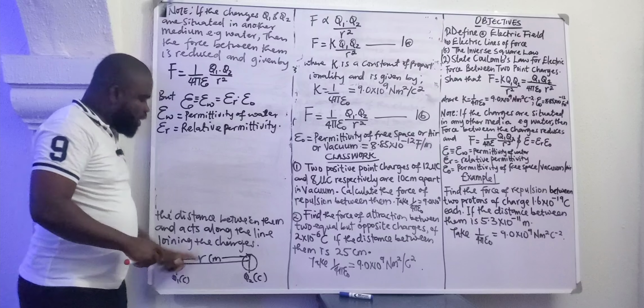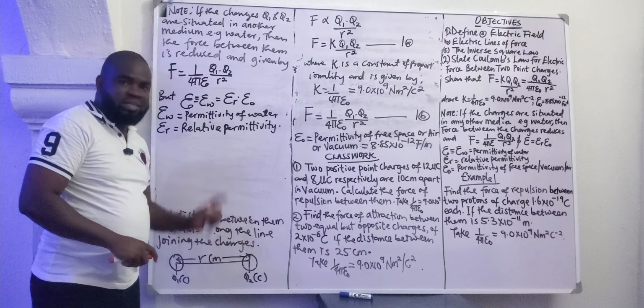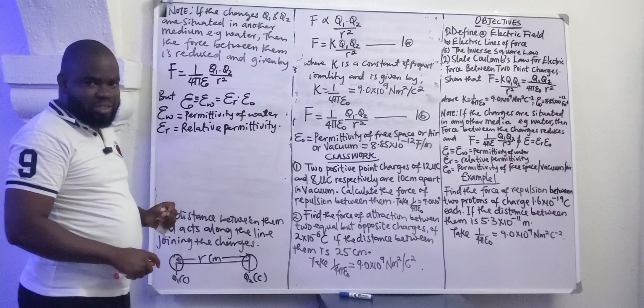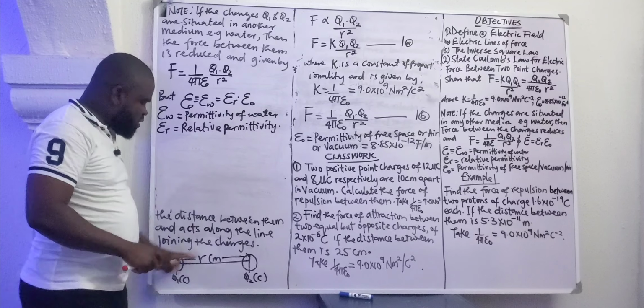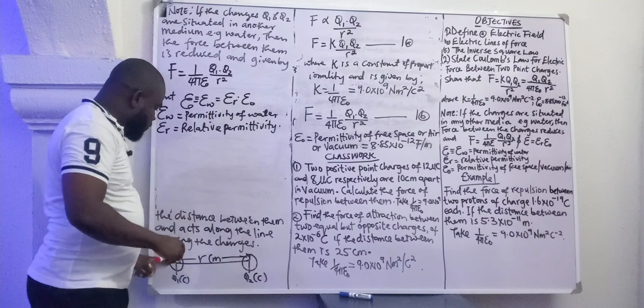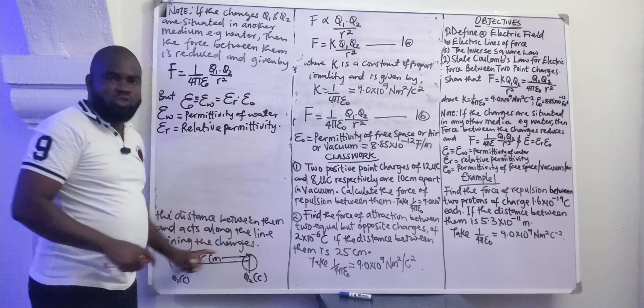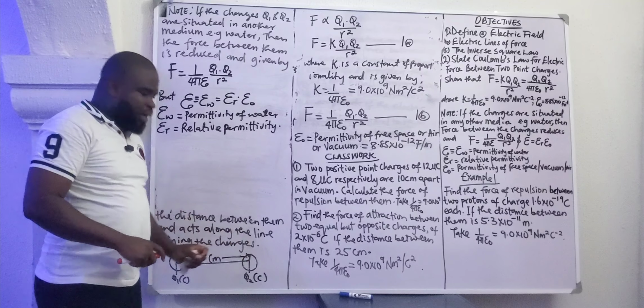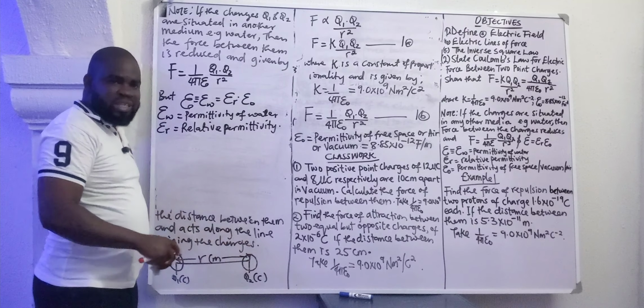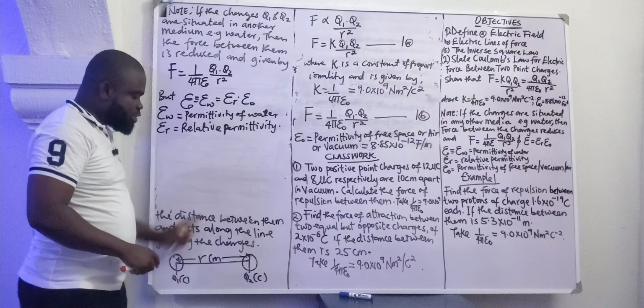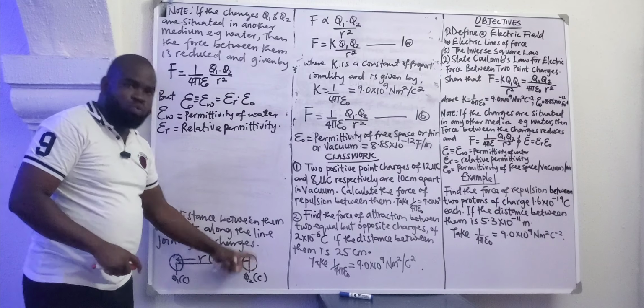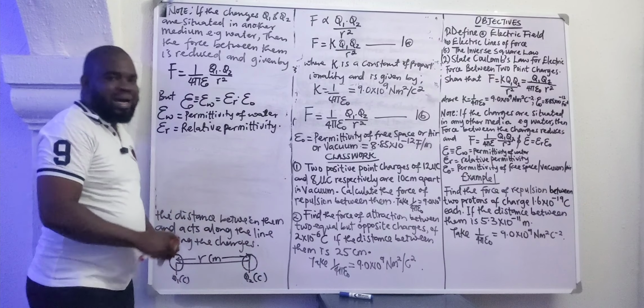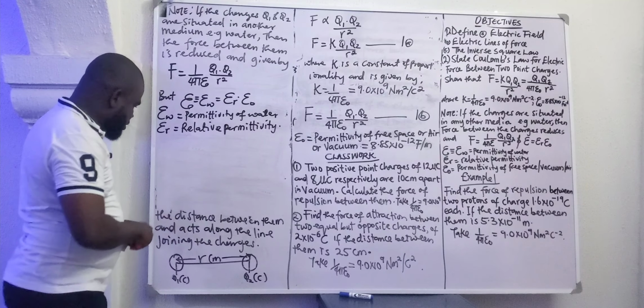Then, if Q1 and Q2 have the same sign of charge, for example, positive charge, then the force will be a force of repulsion. While if they have opposite charges, that is, Q1 is positive, Q2 is negative, the force will be that of what? Attraction. Let's take note of that.